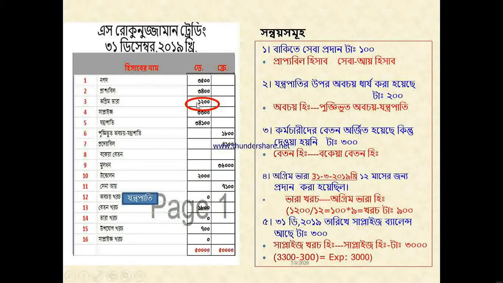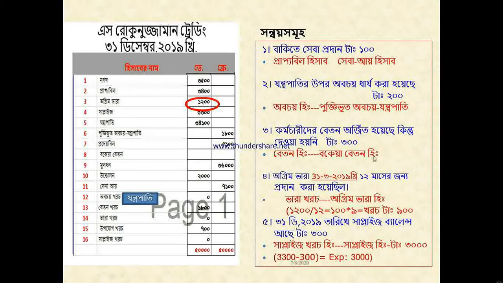Here, 1200 taka was given as an advance on 31st March 2019 for 12 months. But the company actually used this space for 9 months, since March has ended. So we have to calculate from April: April, May, June, July, August, September, October, November, December. That means 9 months of rent has been expensed.